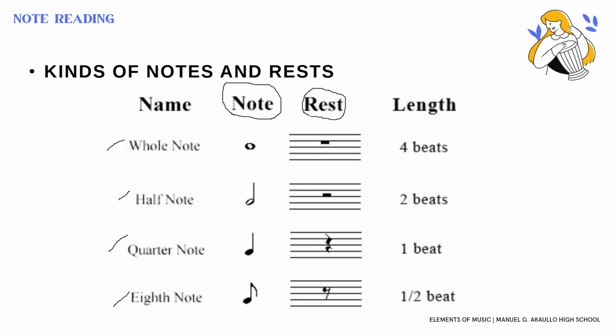Rest sa Tagalog is yung pahinga, okay, or walang sound. And then, ito naman yung length ng bawat nota. So, we have 4 beats, 2 beats, 1, and then 1 half beat. Okay? So, review na lang to kasi alam nyo naman na to lahat.